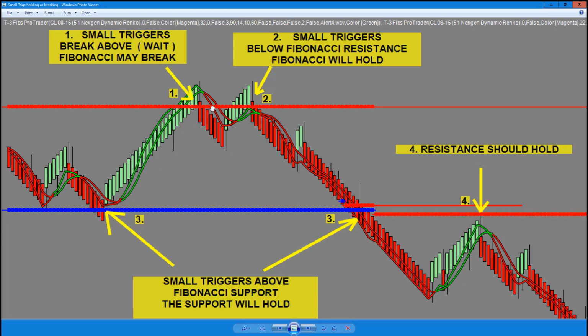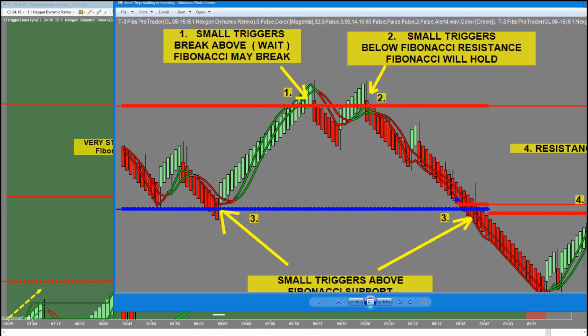Either the Fibonacci area turns from red to blue, in which case it's broken and we'll keep trading with the trend, or the small triggers physically get back below the resistance. Remember this one? Then we can actually use the resistance to go the other way.